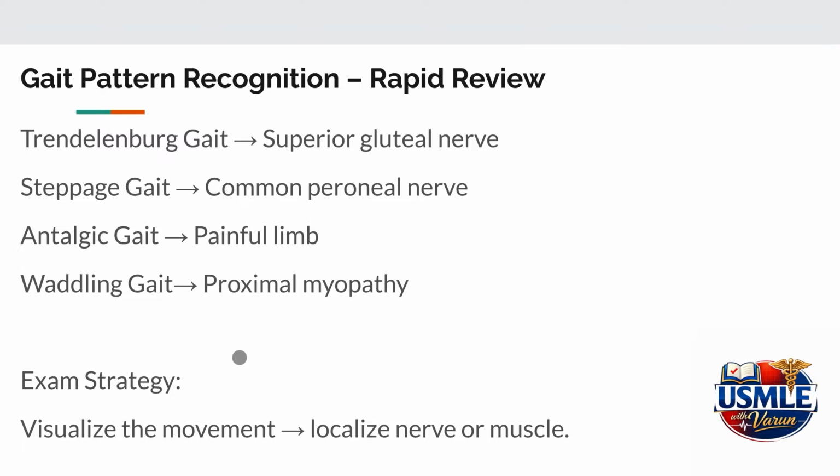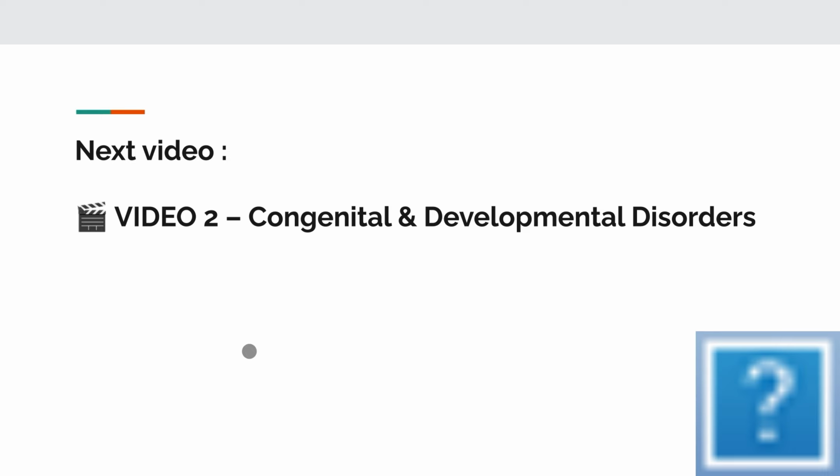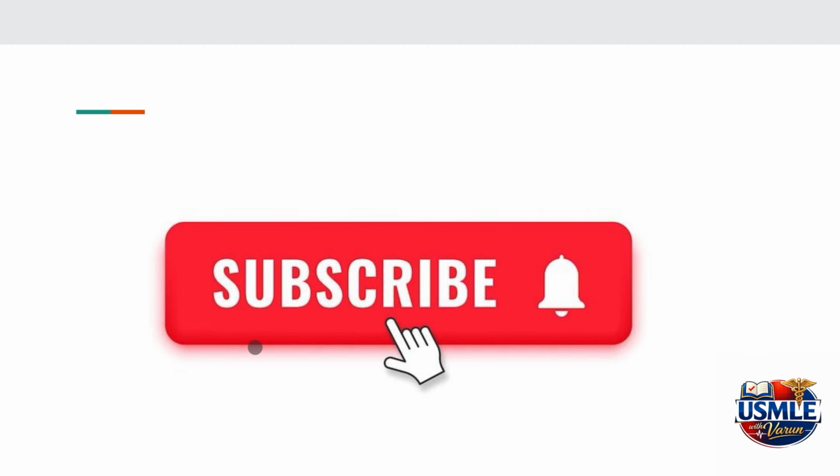So whenever a question mentions a gait abnormality, you just need to visualize the movement and then we can localize the nerve or muscle. In the next module, we will try to understand a few important congenital and developmental disorders of the musculoskeletal system.